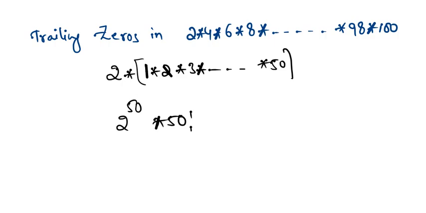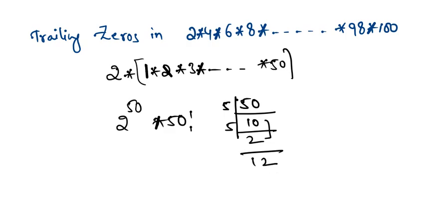So now we need to check 50 factorial. How many zeros in 50 factorial? When we divide 50 by 5, it equals 10 times. 10 by 5 equals 2 times. 10 plus 2 equals 12. So the number of 5's will be equal to 12. No need to take 2's. Why?